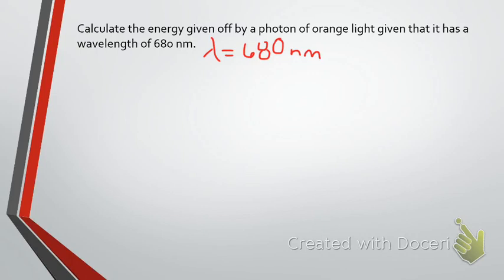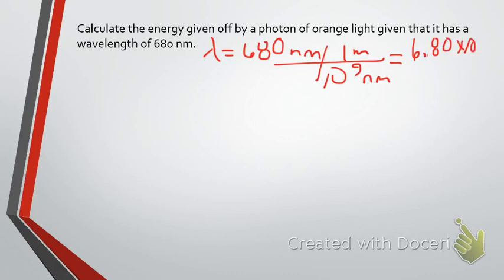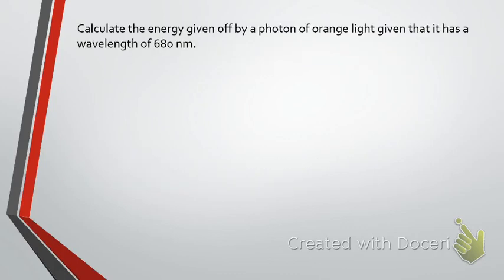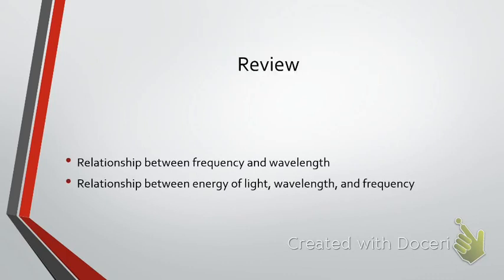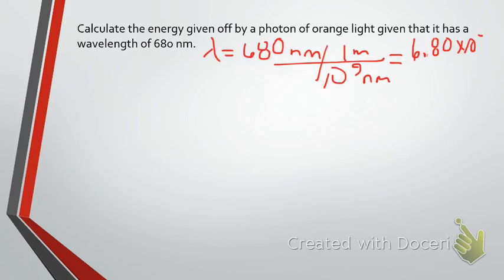If we take 680 nanometers and divide by 10 to the power 9 nanometers for every 1 meter, we get 6.80 times 10 to the power minus 7 meters.